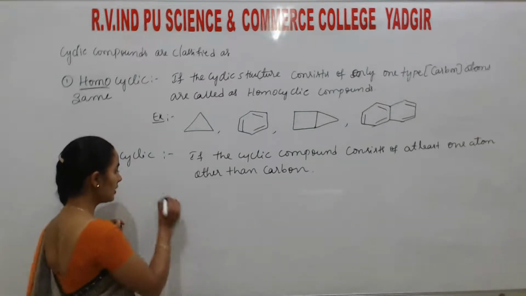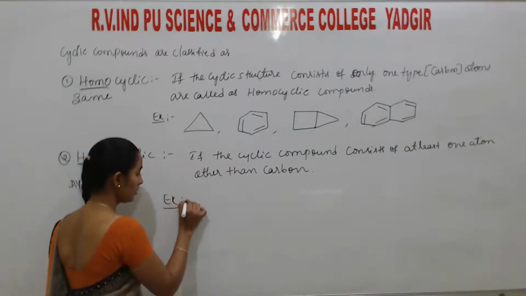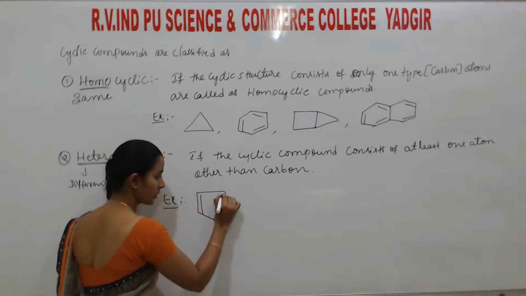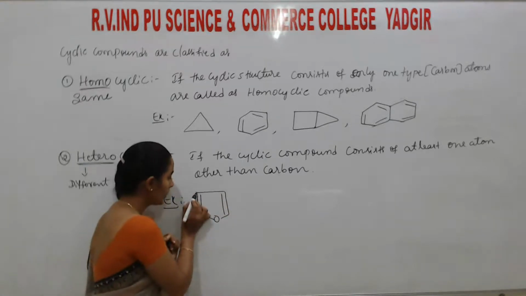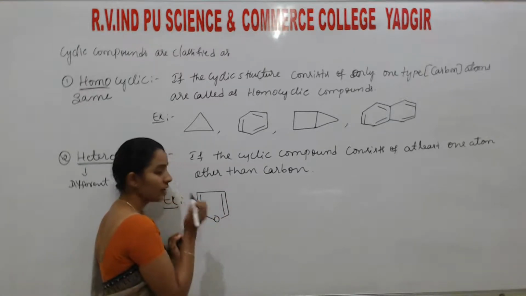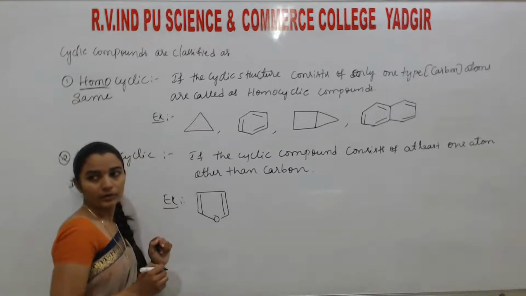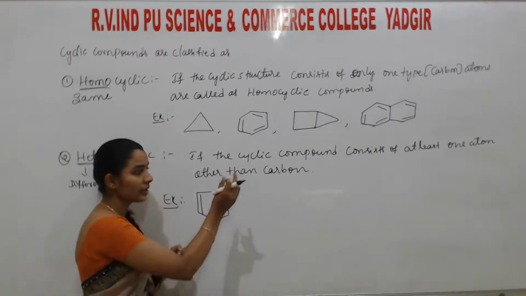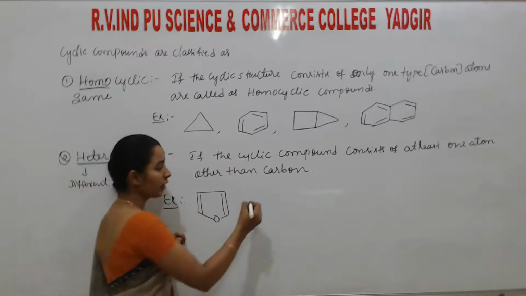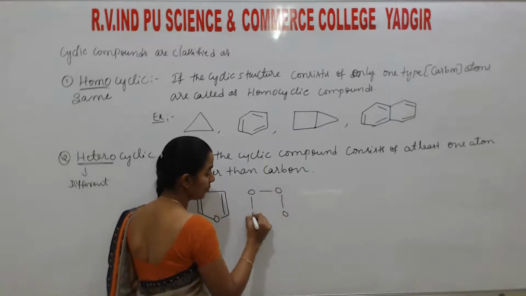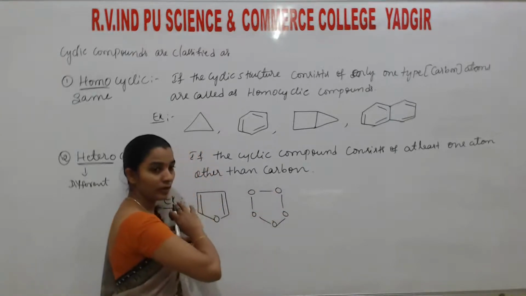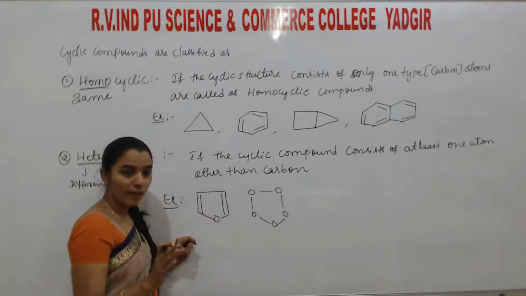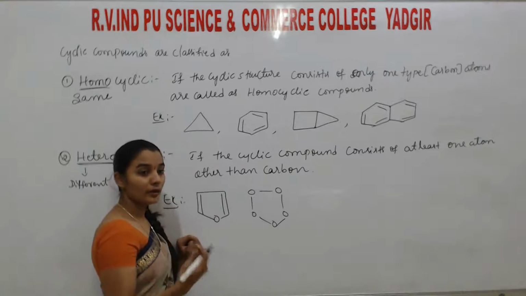heterocyclic compound. So listen, if I take the example, this one stands first. This is the example for heterocyclic compound. Here carbon, carbon, carbon, carbon is there. The fifth one is not a carbon. So one carbon is replaced by oxygen. At least one atom is other than carbon. Now it cannot be like this. It is highly impossible. There is no compound like this. Hetero compound does not mean everything other than carbon.